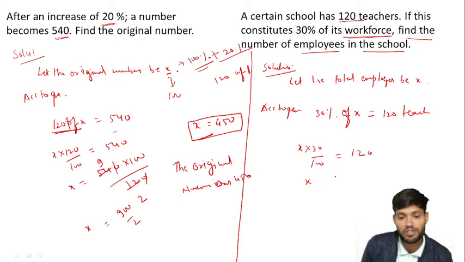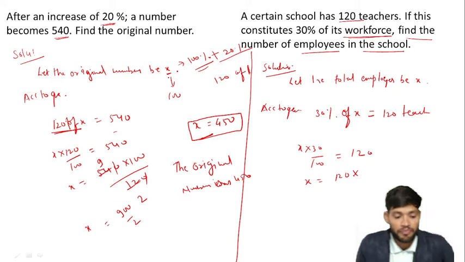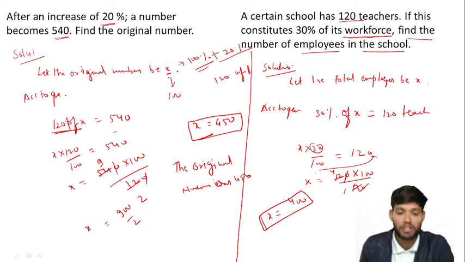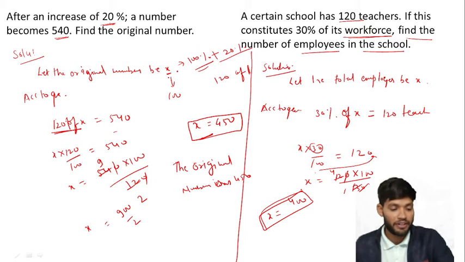So x is equal to 120 into 100, which goes for multiply, and 30 will go in divide. So x is equal to, 3 cancels out, 0 cancels out by 0, 3 1s are 3, 3 4s are 12. So 400. The total number of employees in this school will be 400.